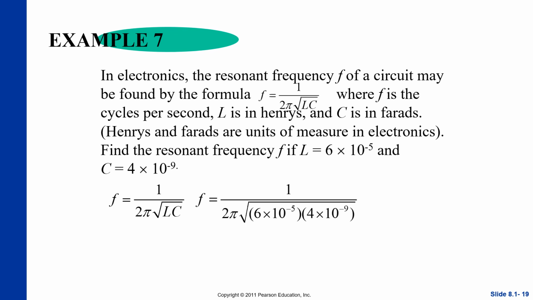So it would be 1 divided by 2 pi times the square root of 6 times 10 to the negative 5th times 4 times 10 to the negative 9th. You get approximately 324,874. So we'd round this up because it's such a large number, and that's okay. About 325,000 cycles per second.